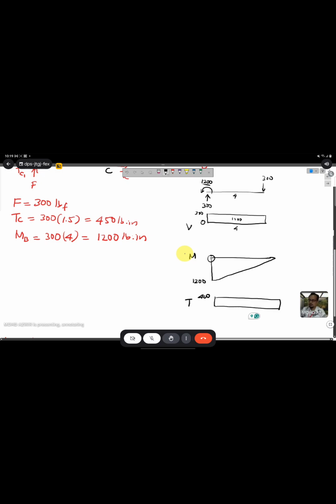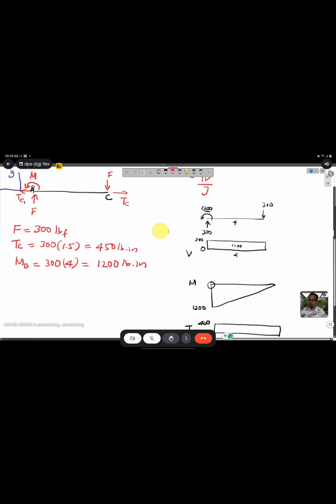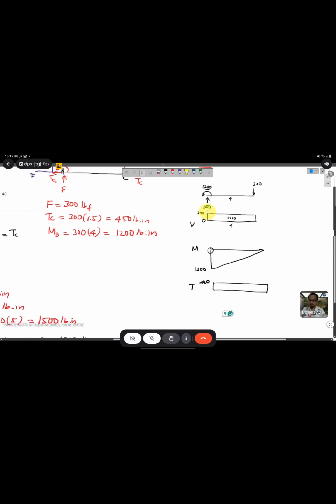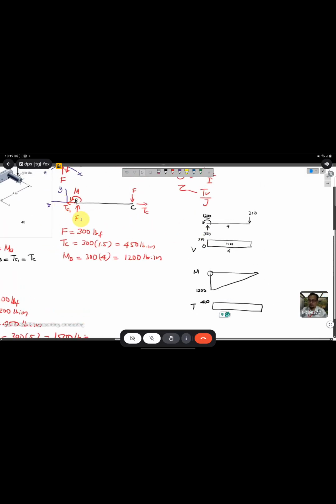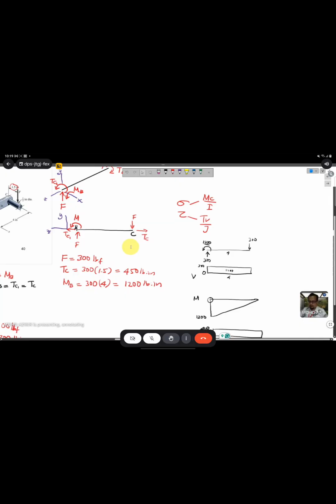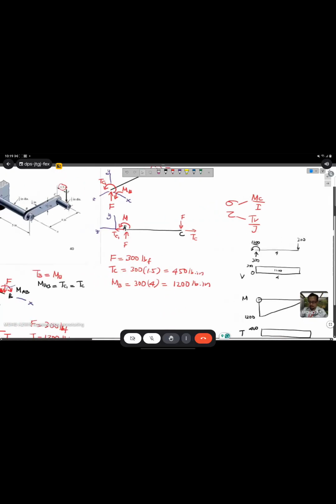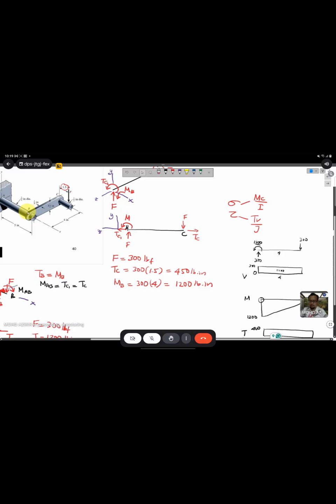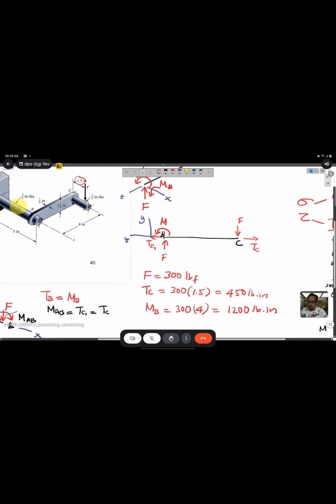Okay, this is the top. If you combine both moment and torque, the critical point will be acting at the end of B. After that, if you look at B here, we have another possible location.